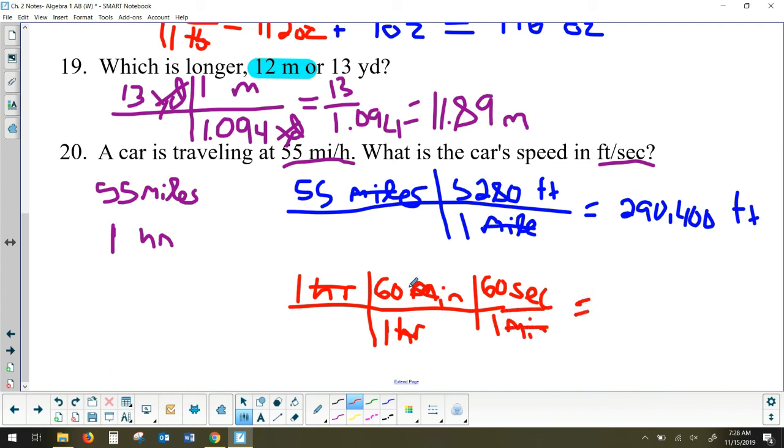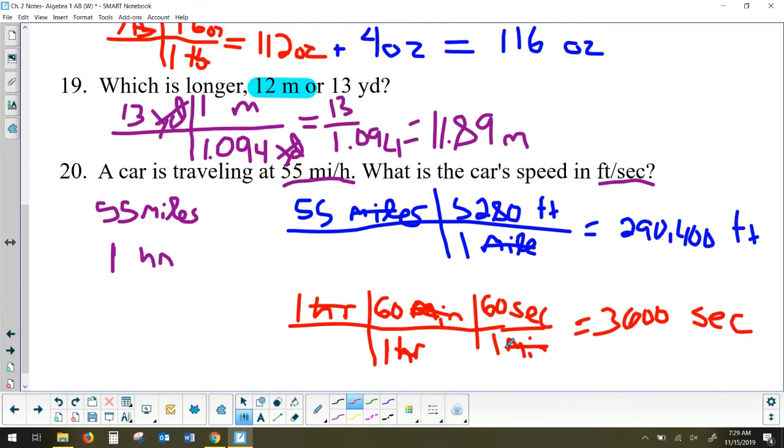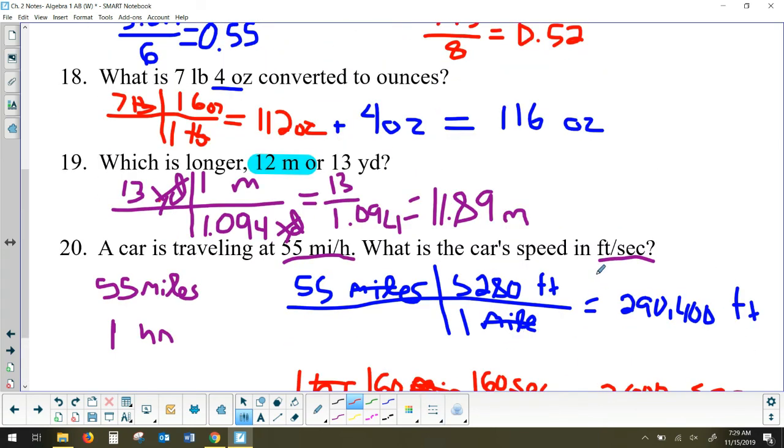Minutes go away, hours go away, leaving us with 60 times 60 is 3,600 seconds. We need to take feet per second.